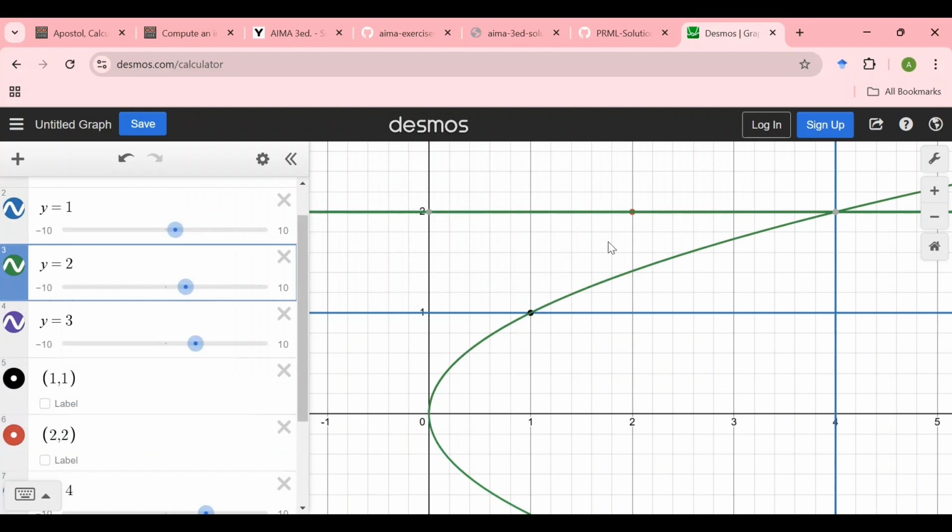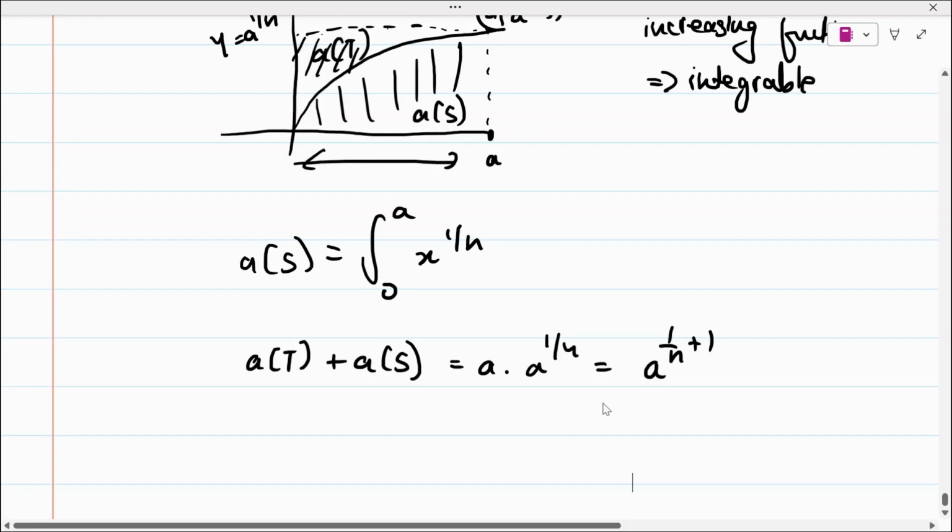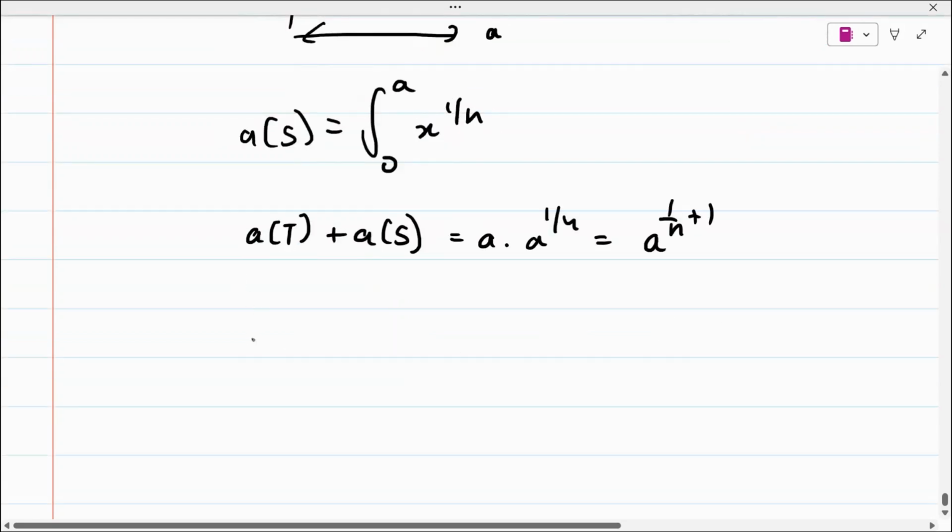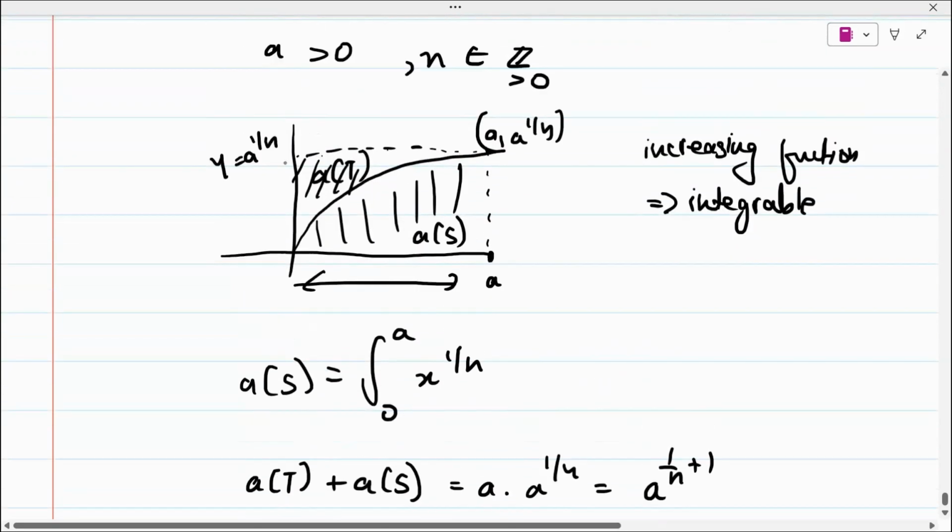So this portion here is the area of T. So as we saw, A of S is equal to A to the power 1 plus 1 by n minus A of T. That is this portion here.